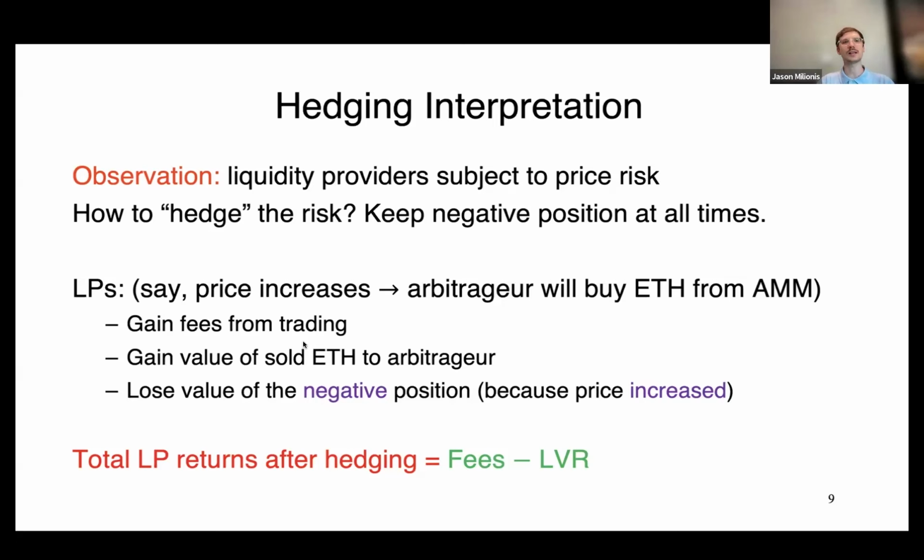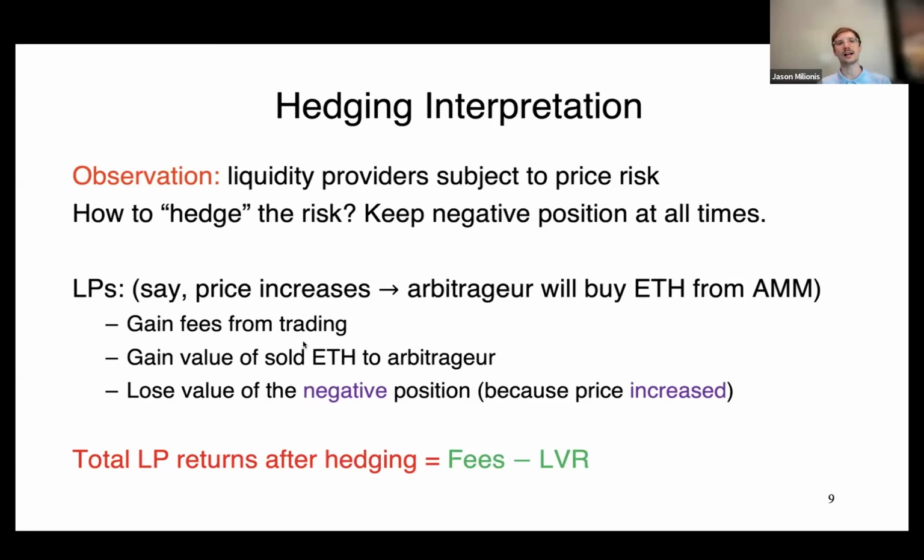And then also, because we have this hedging position, we would also lose the value that this negative position has. So why do we lose value from this? We lose value because, since the external price actually increased, the short position, that is this negative position as we call it, loses the equivalent amount of value.